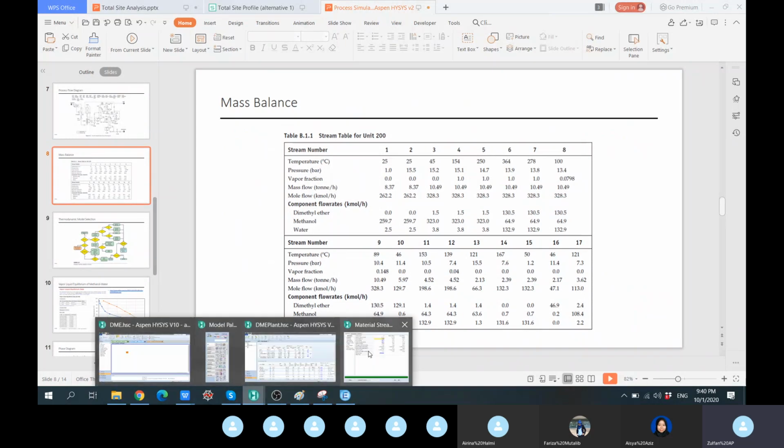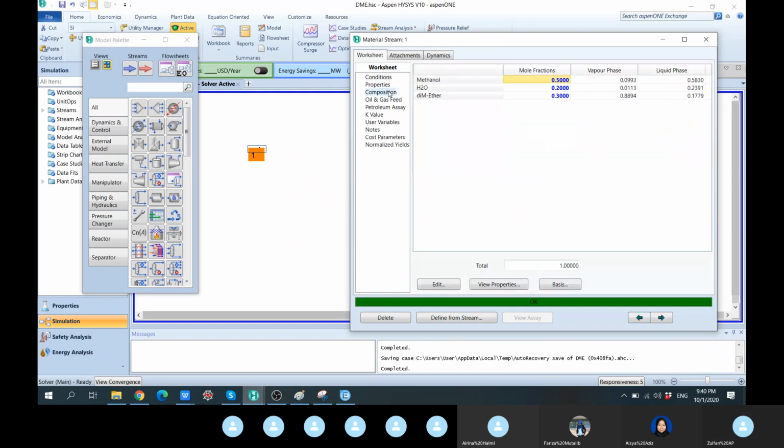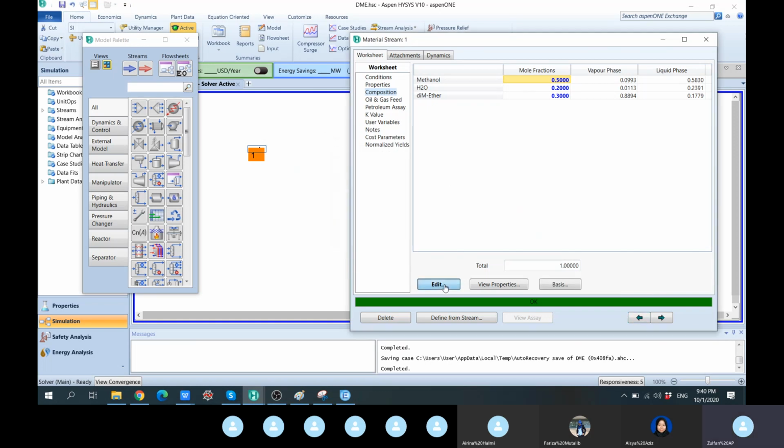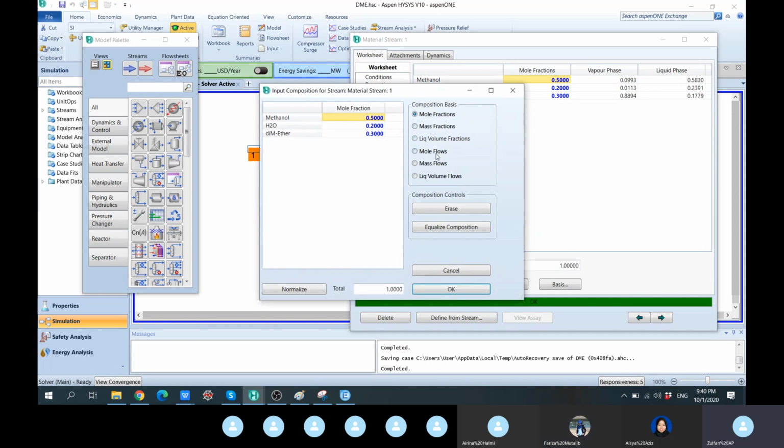So edit, and then change to mole flow, and then 259.7, very good. 0.7, and then 2.5 water, and then no DME.